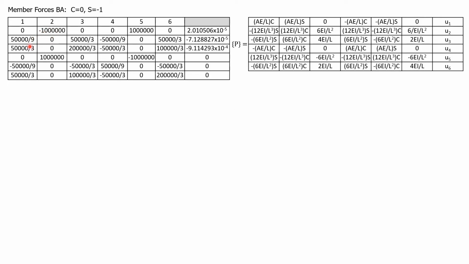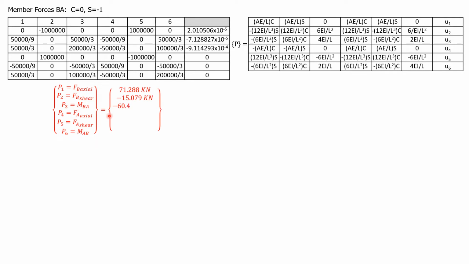So these are the values of this matrix here, 6 by 6 per member. Then we multiply it by the displacements. These are the displacements. Then we obtain the member forces. So for member AB, this would be the result. P1 is the axial force of member 1. P2 is the shear and P3 is the moment.